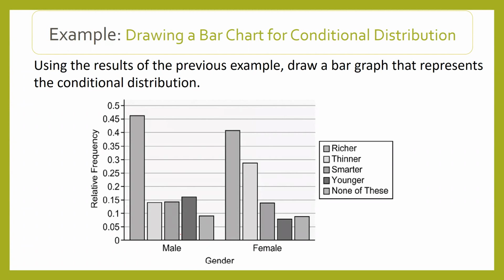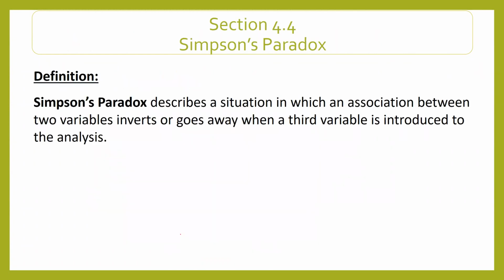All right, before I close, I just want to talk about Simpson's paradox. This describes a situation in which an association between two variables inverts or goes away when a third variable is introduced to the analysis.